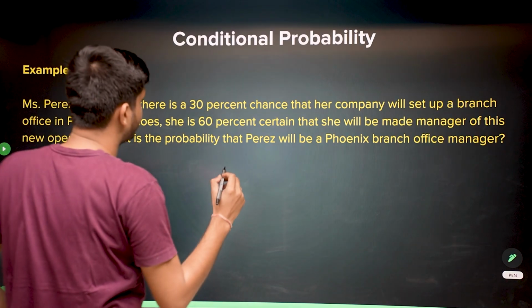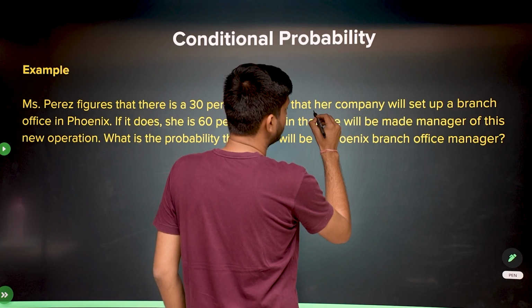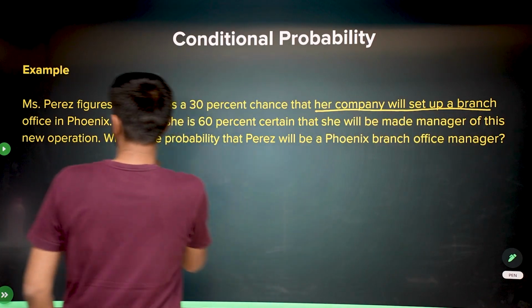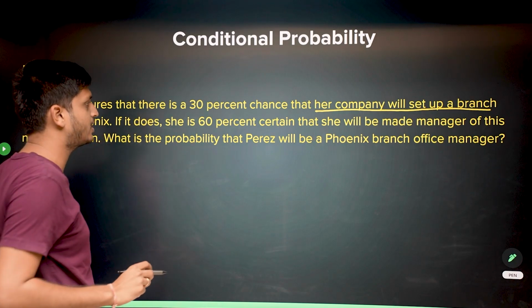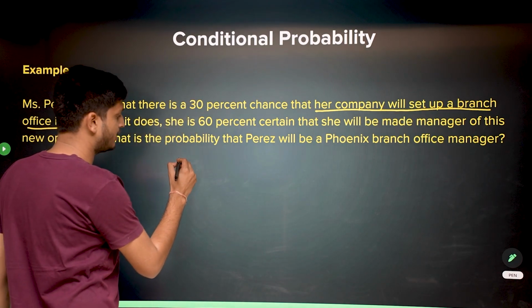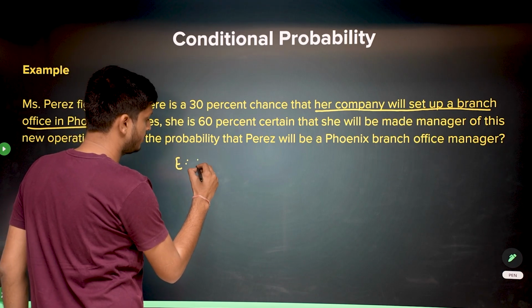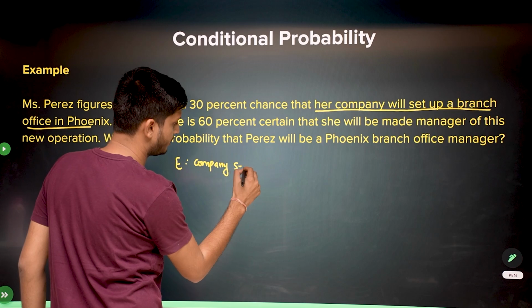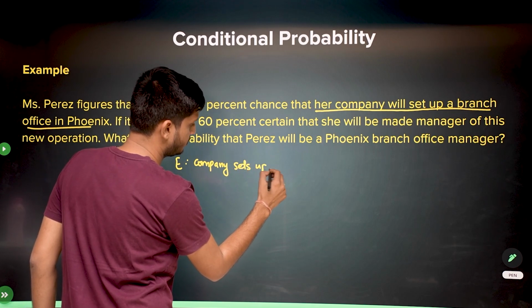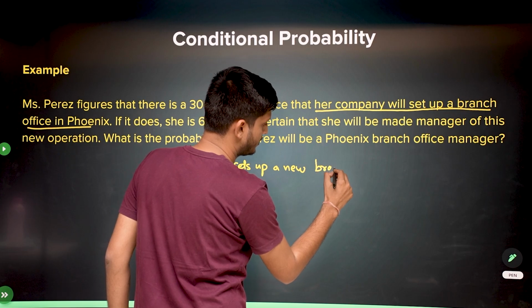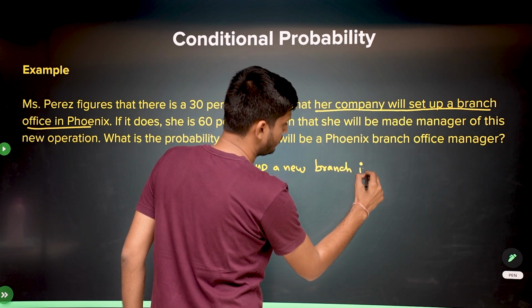There are a few events given. The first event given is that her company will set up a new branch in Phoenix. This is the first event given, and there are 30% chances of that. So the one event given is: company sets up a new branch in Phoenix.